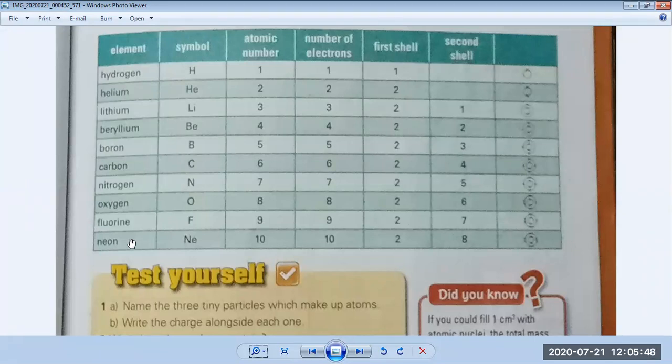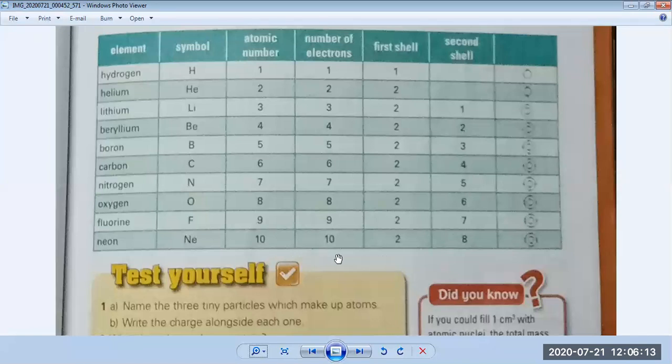Neon is shown by capital N and small e, and its atomic number means it has 10 protons and 10 electrons, because they are both equal. And when we draw the structure, in the first shell there should be 2 electrons, and in the second shell 8 electrons will come. So this table is very important.